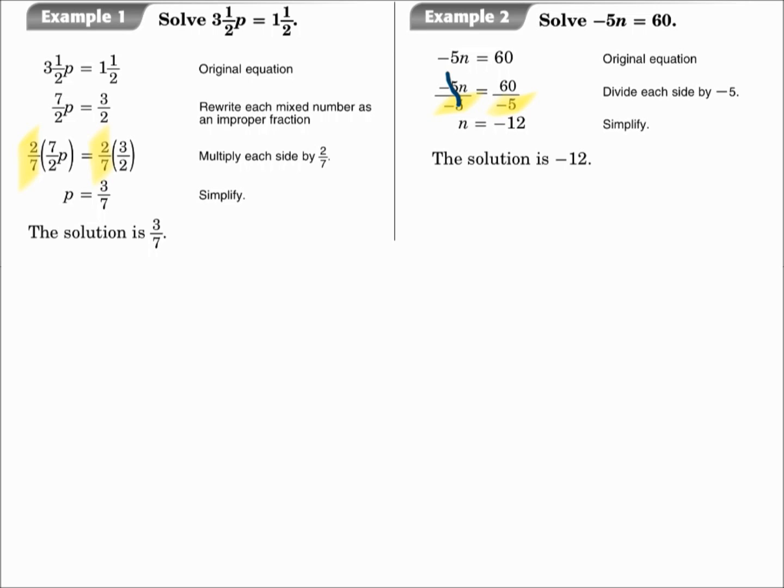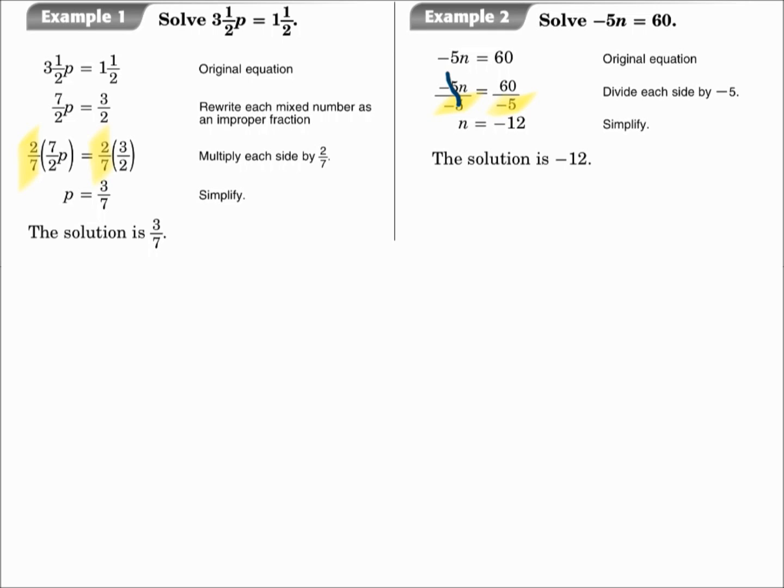On the right, 60 divided by negative 5 is negative 12. So just remember, if it's a number times the variable, divide both sides by that number, and it'll cancel, moving it to the other side, and the variable will be by itself.